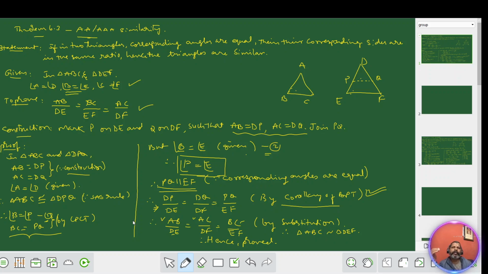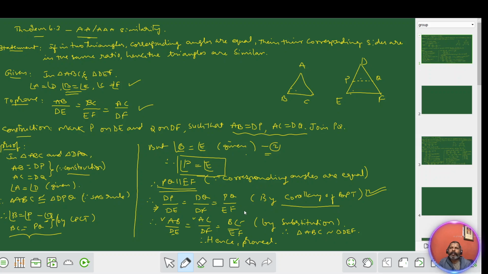Therefore, PQ is parallel to EF. Once we have a triangle where one line is parallel to any side of the triangle, we can apply BPT, converse, or corollary, whichever we want, not all three. So by corollary, we applied DP by DE equal to DQ by DF equal to PQ by EF.